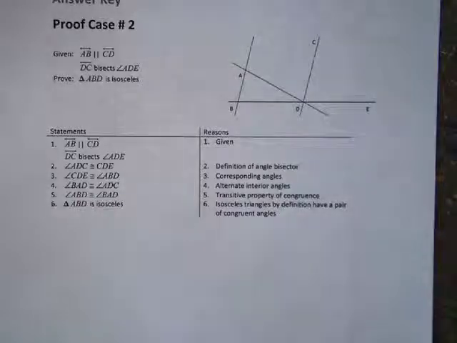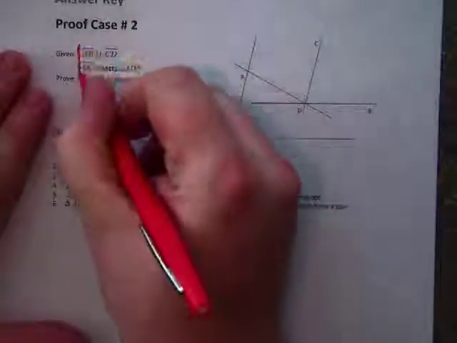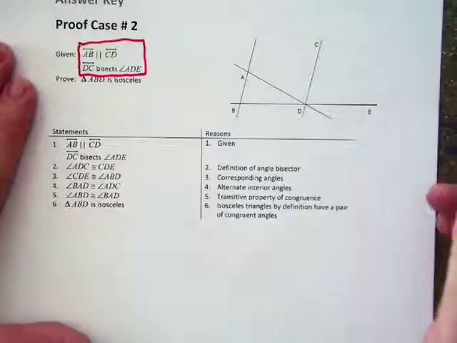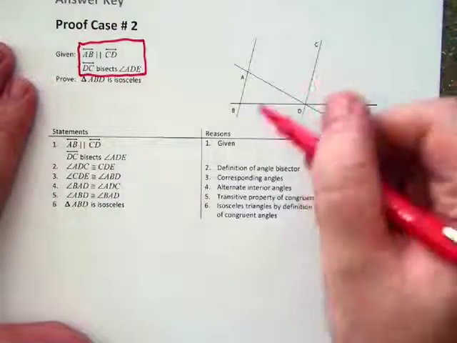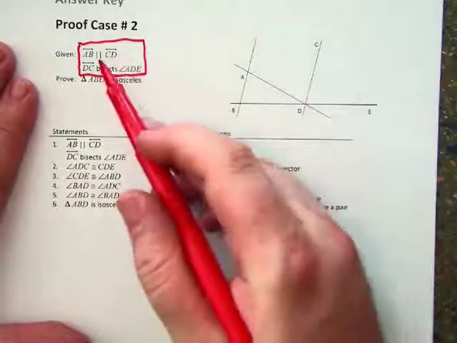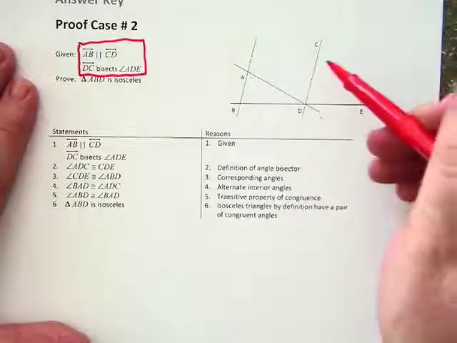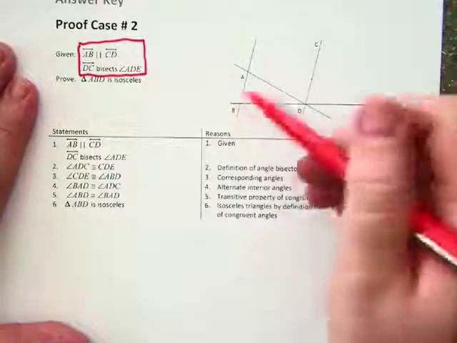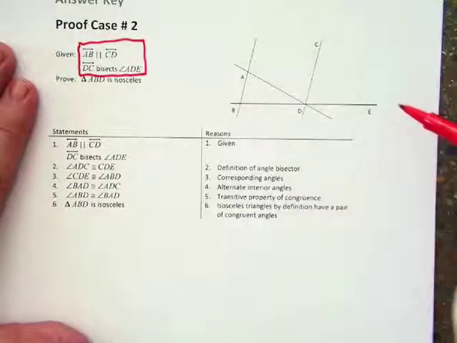In this case, you look at it and you say, okay, what's given? We're told these things are all given, and only those things are given. We know that AB and CD are parallel lines, and that DC bisects ADE.